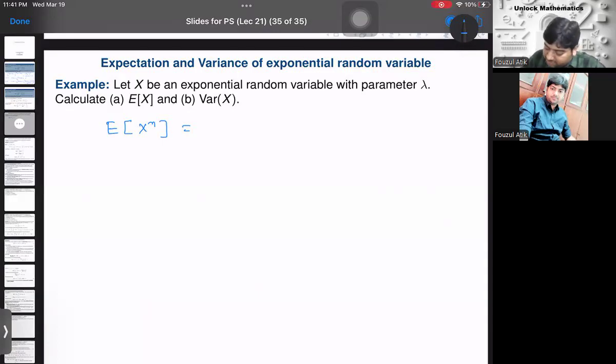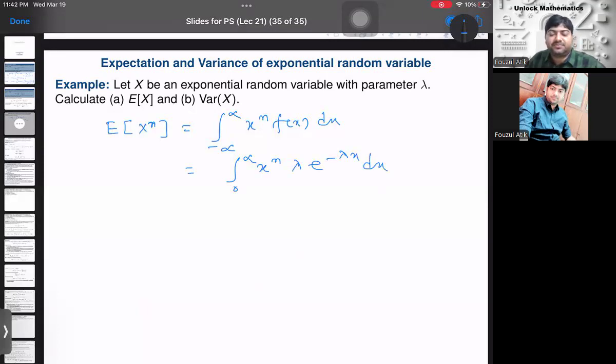So E of X to the power n is what? As you know, it is the integral from minus infinity to infinity of x to the power n f(x) dx. But f(x) takes values from 0 onwards, so it is the integral from 0 to infinity of x to the power n times lambda e to the power minus lambda x dx.